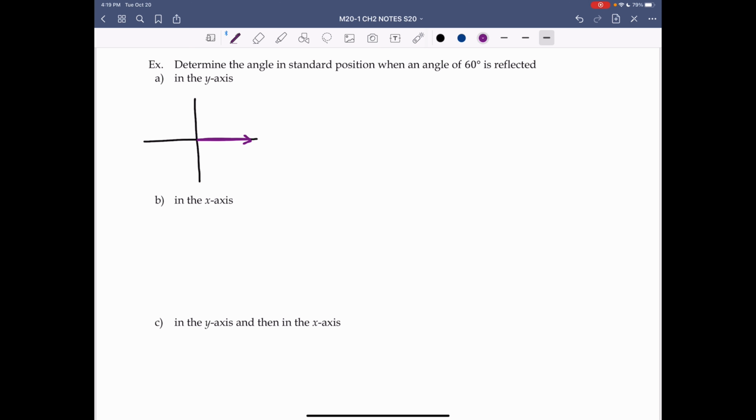We know that the positive y-axis is 90 and the positive x-axis is 0, so it's somewhere in here, and it's closer to 90 than it is to 0. So it's approximately here, and this is 60 degrees. Then if we reflect it across the y-axis, it would look something like this.